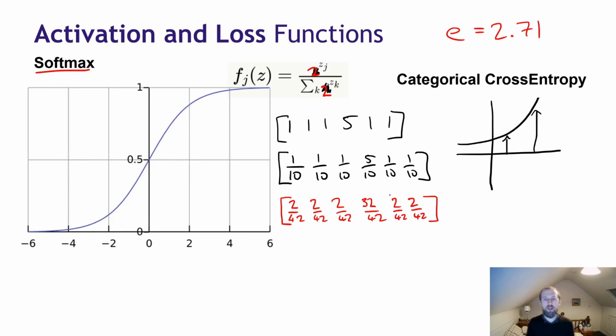So now you can see the difference: in this case, the ones that we're less sure about have gone from being 1/10 likelihood to somewhere around 1/20th likelihood. But this 5 has gone from being 50% chance to being something like 75% chance over here.